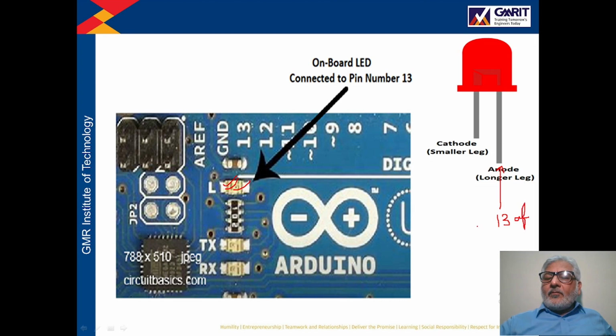Pin 13 of Arduino. And this cathode terminal is internally connected to ground, right? So I am talking about this onboard LED. So now cathode terminal is permanently connected to the ground.